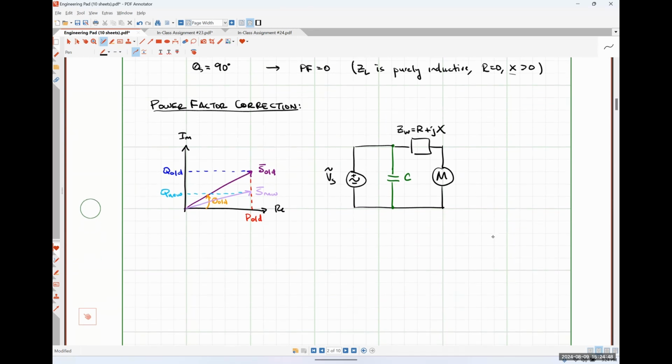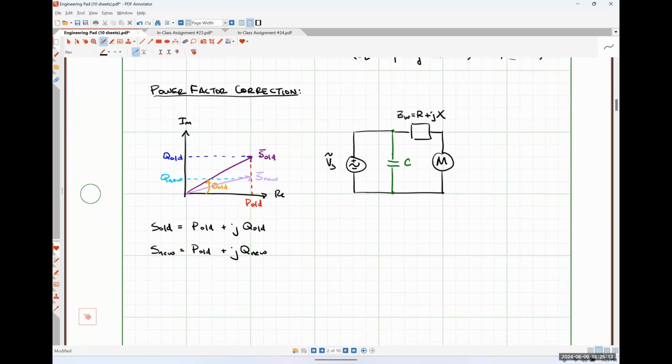Okay. So S old is simply P old plus jQ old, and S new is equal to P old plus jQ new.